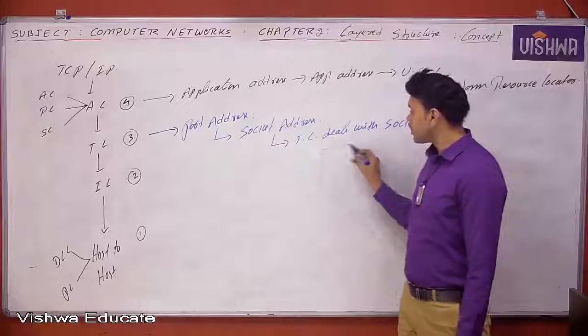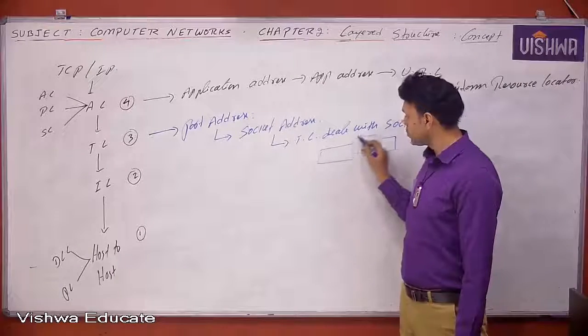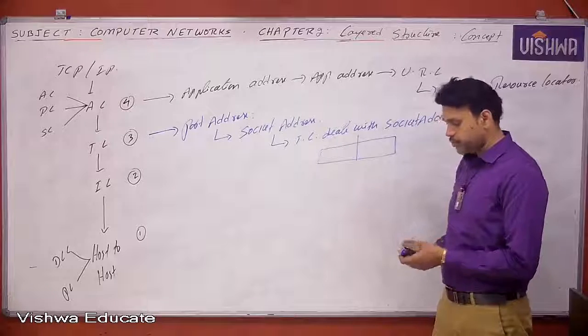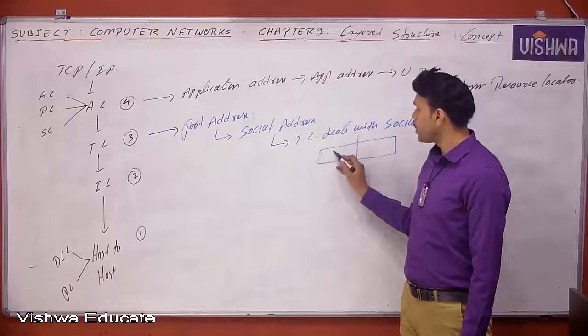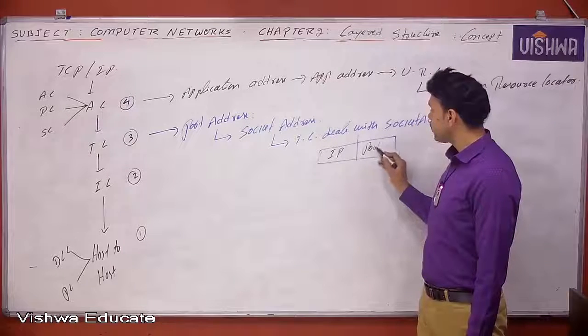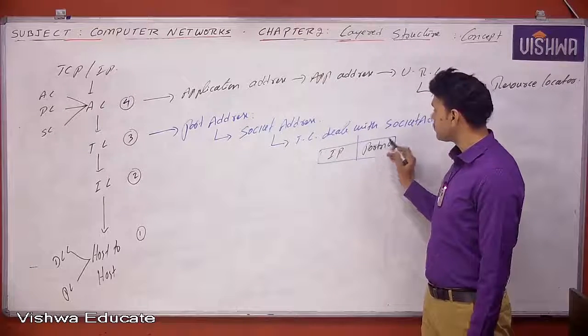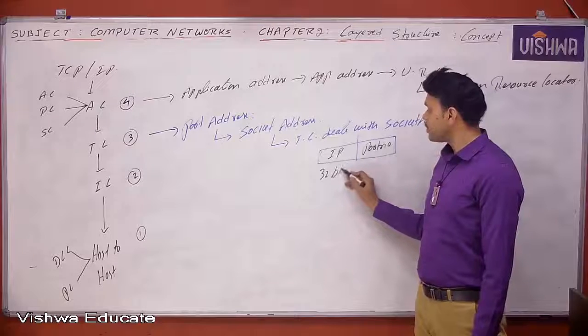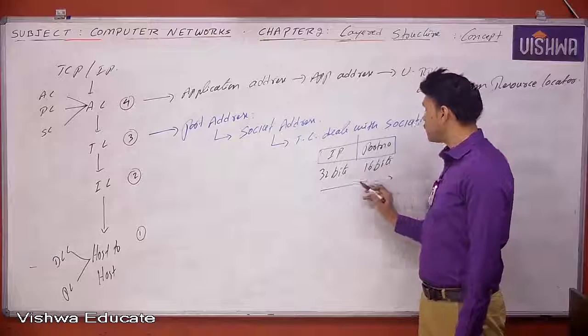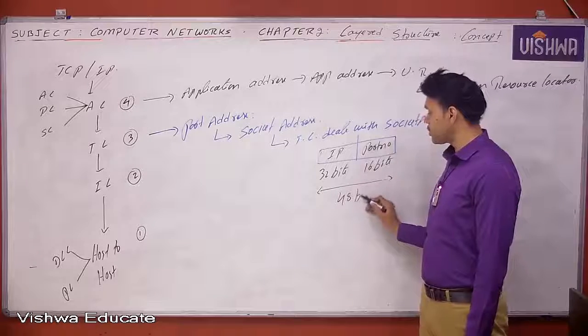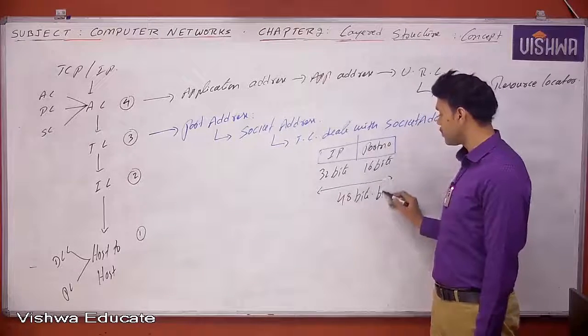The socket address consists of two parts. One part is IP and the other part is port number. IP is 32 bits, port number is 16 bits. Therefore, your total socket address is 48 bits binary.